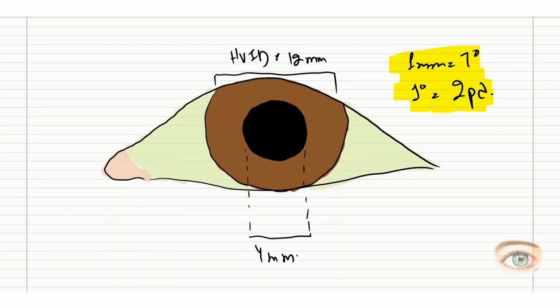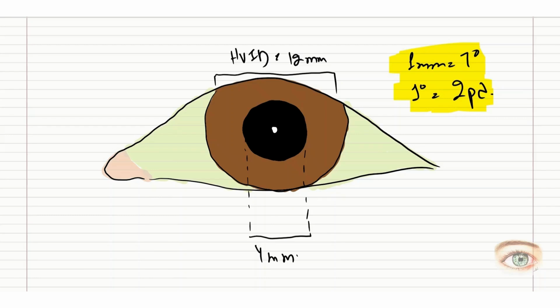Now, I want you to focus on this. If the reflex is placed centrally, this means that the eye is orthophoric, there is no deviation present. Now we are going to divide this horizontal visible iris diameter in different compartments.